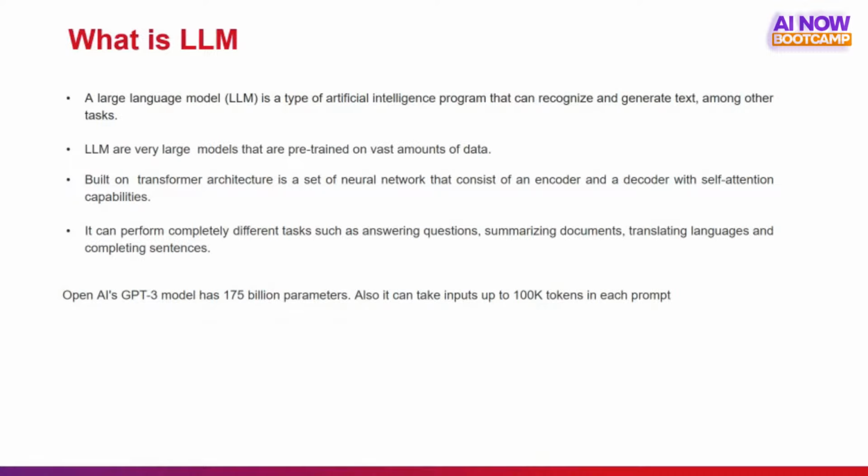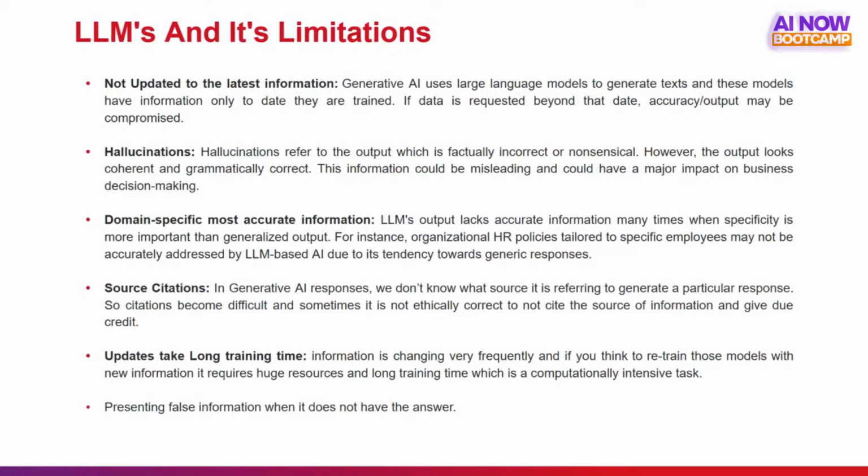All right, so moving on, we all know what a large language model is. We know that a large language model has been trained on a vast amount of data, so that when we ask it a question, it's able to understand our questions and give us a very coherent response.